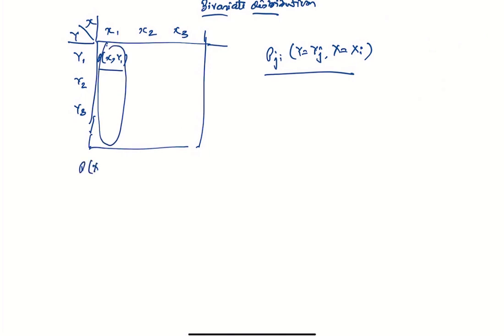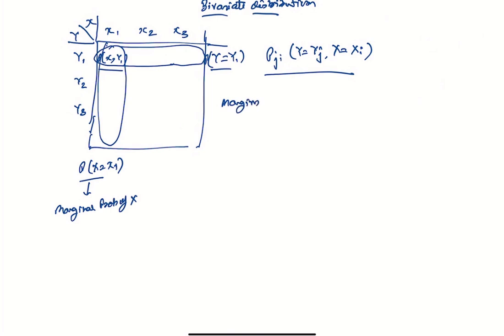So this is the probability of x is equal to x1 for all the values of y, which is the marginal probability of x. And this, on the other hand, is the value of y for all the values of x. The probability of y is equal to y1 is the marginal probability of y for all the values of x. Since these tables appear on the margins of the table, they are called the marginal distributions.